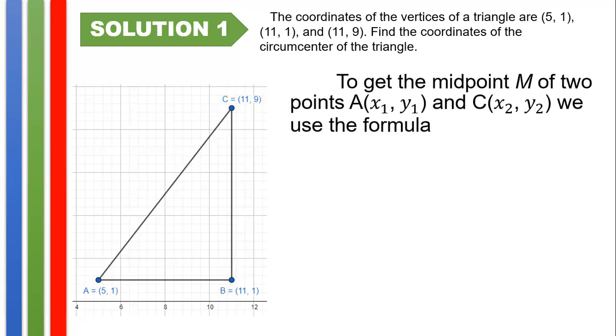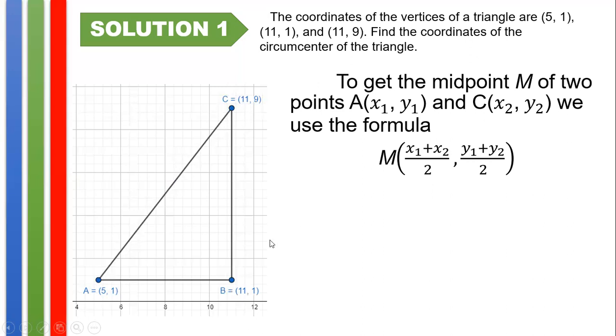To solve for the midpoint of two points A and C, let's say point A has coordinates (x sub 1, y sub 1) and point C has coordinates (x sub 2, y sub 2). Then we use the midpoint formula: the abscissa of the midpoint is the mean of the x coordinates, and the ordinate is the mean of y sub 1 and y sub 2.